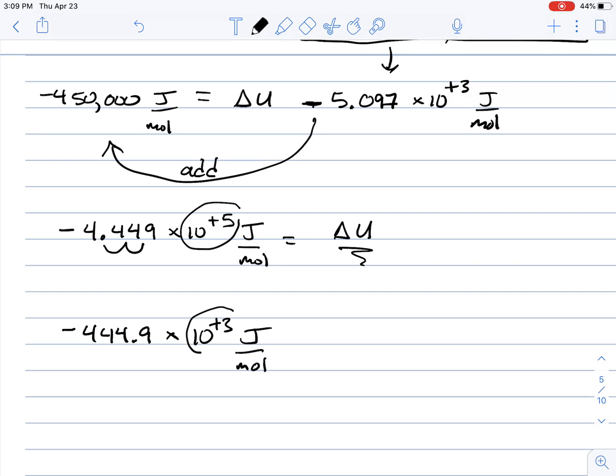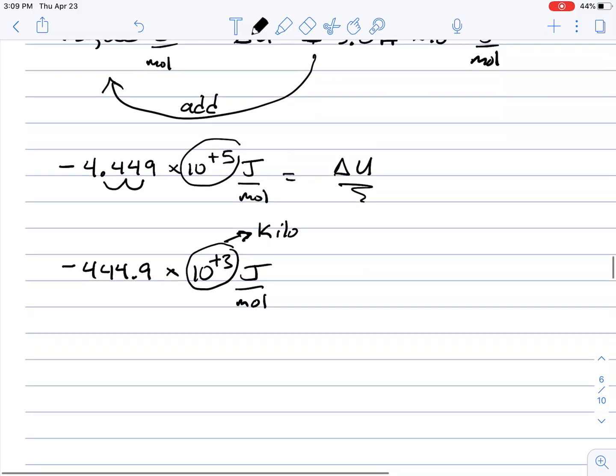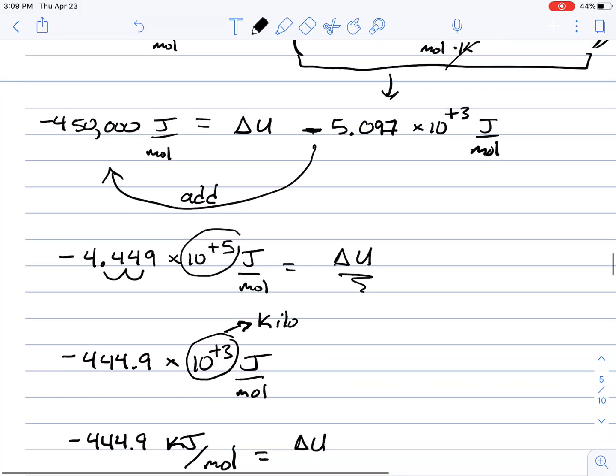And I know that times 10 to the positive 3, or 1,000, is the same as kilo. And so I can reduce this to negative 444.9 kilojoules per mole, and that's going to be the change of my internal energy.